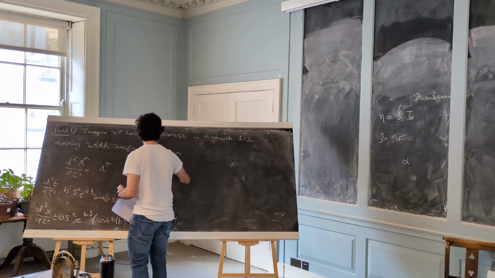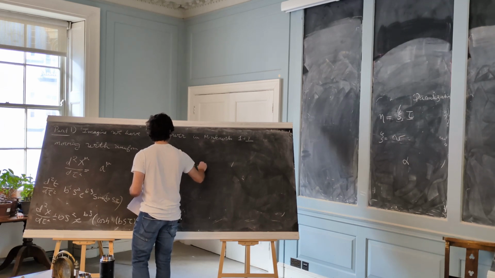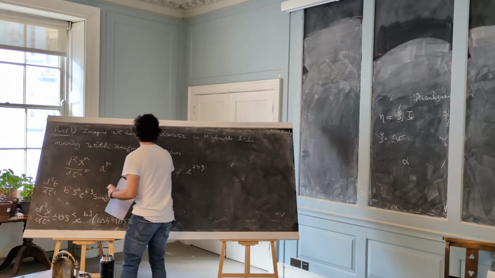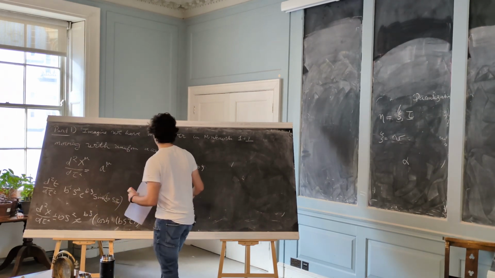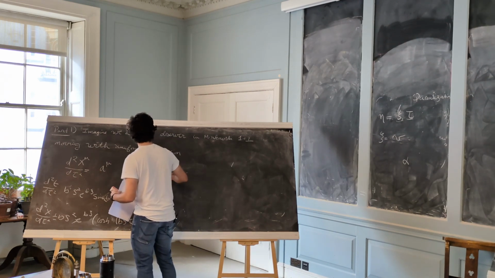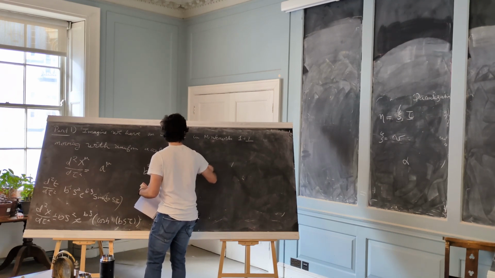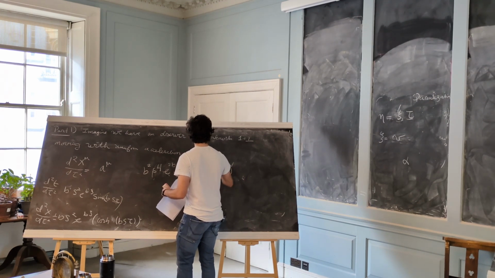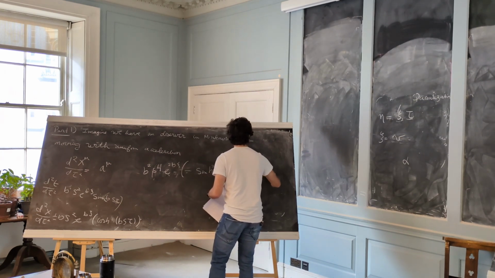Minus b squared s squared e to the 2bc, yeah, sorry, that's b squared s to the 4, minus, and also the e to the bc is also going to be common, minus sinh squared of b s tau plus cosh squared of b s tau.